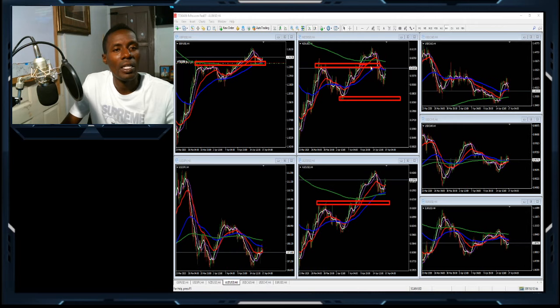Because if you draw this straight cross, it broke through support, now turned resistance, and we just expect a basic price action rollover like this. So this is how I do my relative strength exercise to determine which asset I will choose.